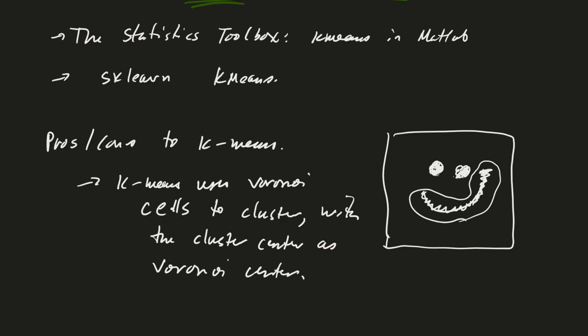Of course, you can change that with your metric, but you're not going to be able to get a shape like this using a Voronoi cell. That's going to be really difficult to do.